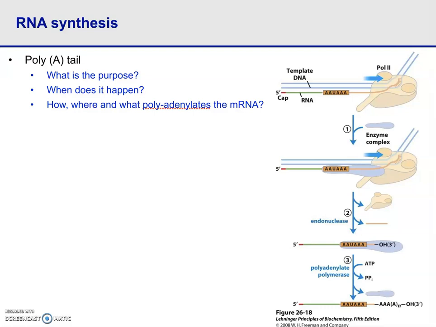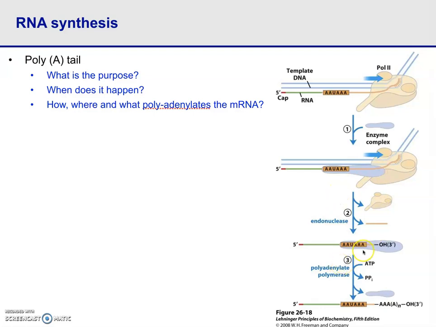It's been found that approximately 10 to 30 nucleotides upstream of the cutting site, there is a sequence, AAUAAA, and also about 20 to 40 nucleotides upstream, there is a GU-rich sequence that is not well defined. But these sequences, especially the AAUAAA, served as a recognition site for an enzyme complex to associate with it and then cleave the primary transcript, removing it from the transcription complex.